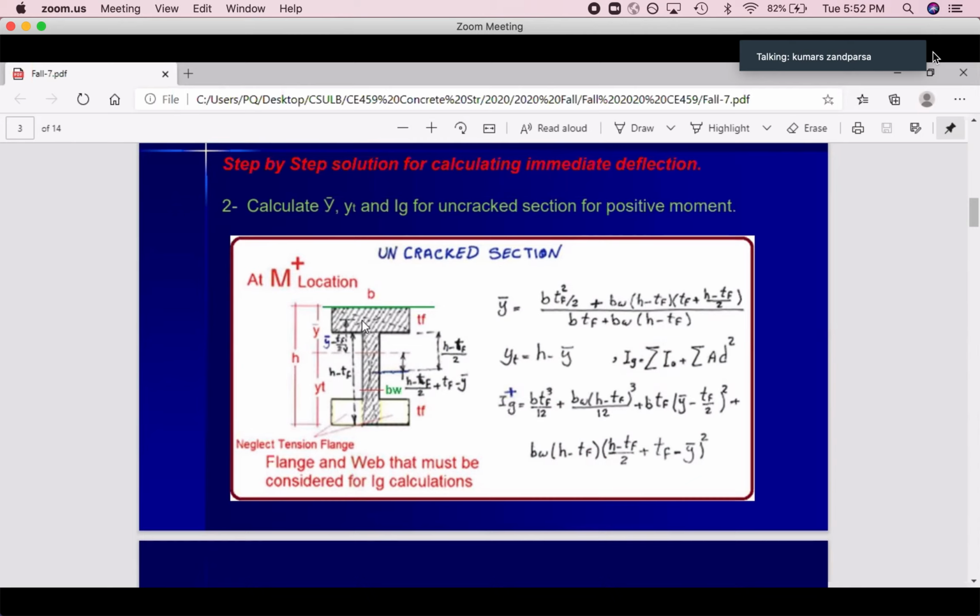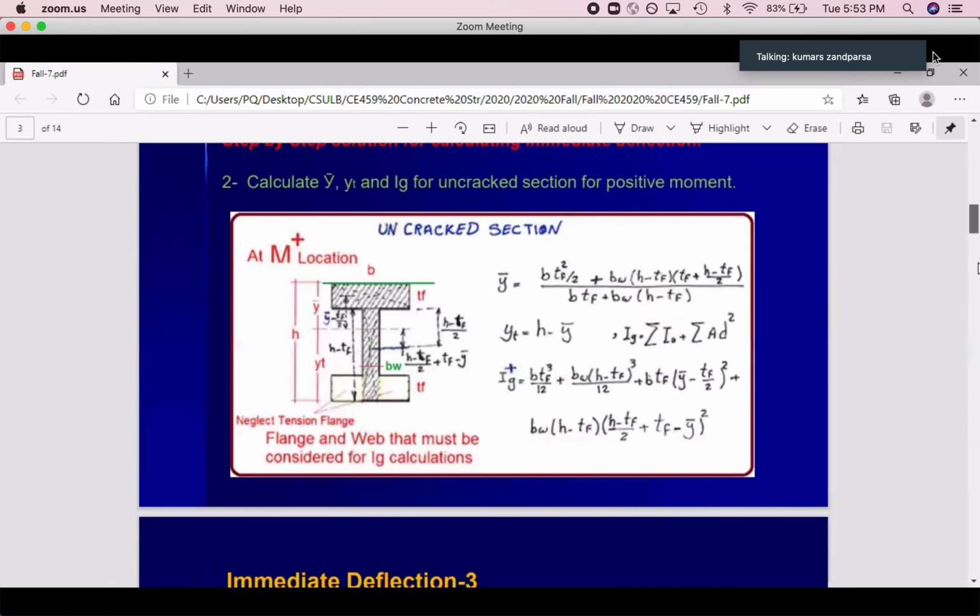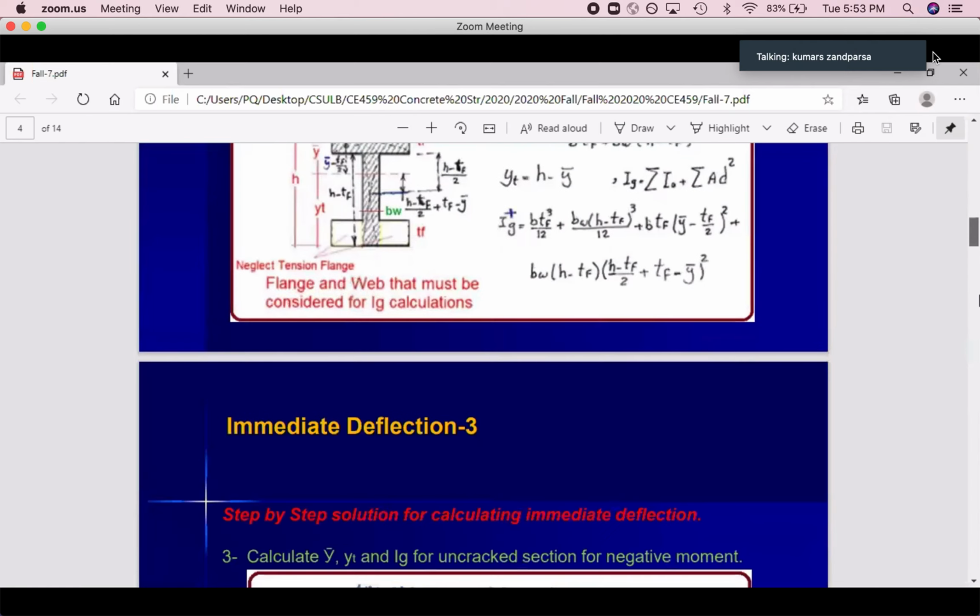For rectangular shape with uncracked section, your neutral axis is at the center of the beam. That's it. You can calculate with this, you can see it's H over 2, H over 2, but you don't need to calculate that. Connect your information. This is just one example that you must connect.